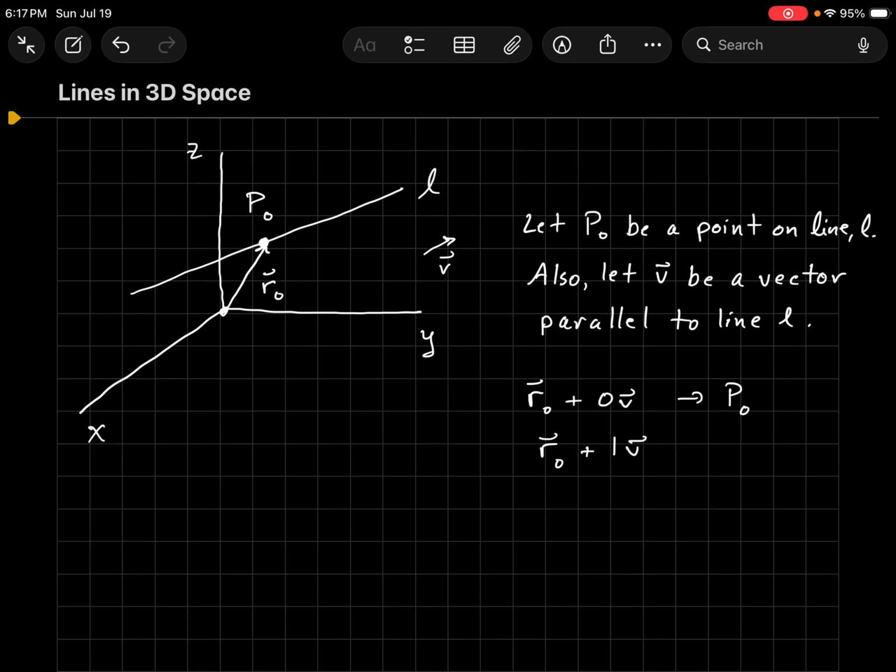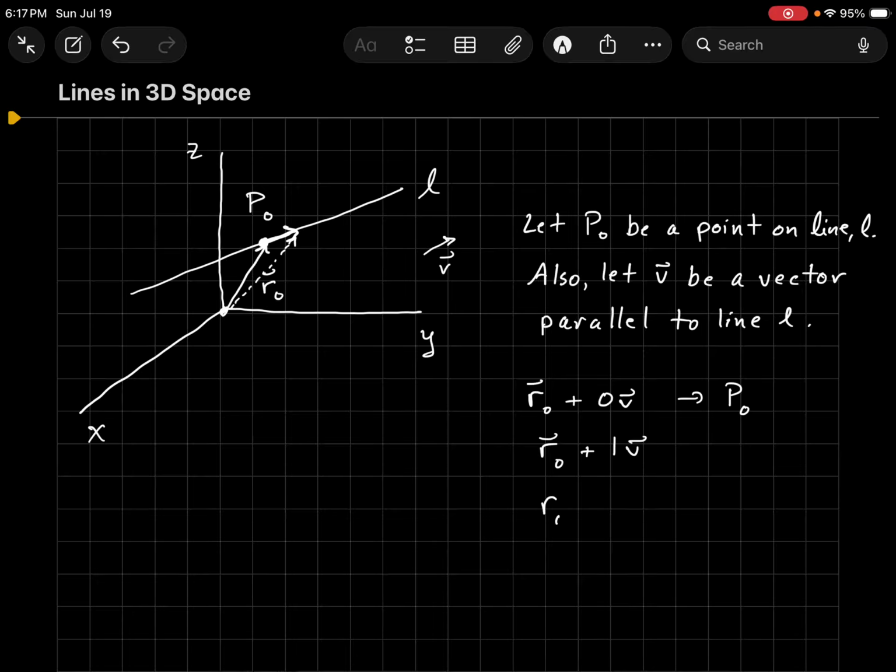Well, if you recall how we add vectors, I can move my vector v to the end of r naught and draw it right about there. Then the vector r naught plus 1v would be exactly this vector, which points to that position on the line.